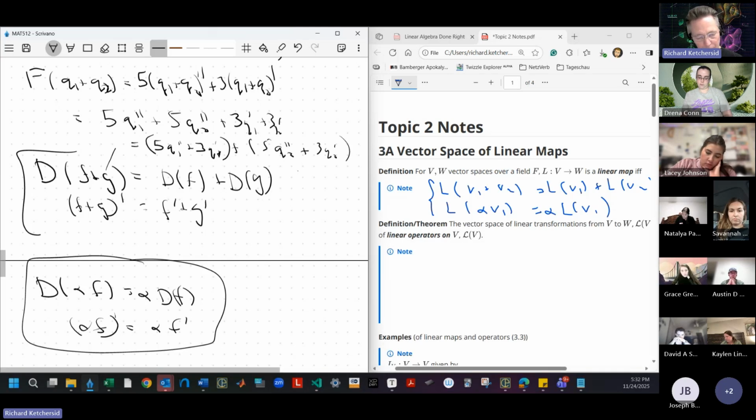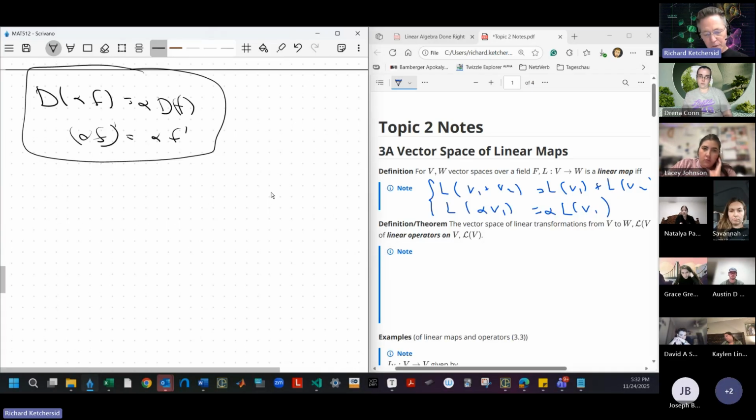Make a little barrier there. But this is just f of q1 plus f of q2. So it preserves the addition.